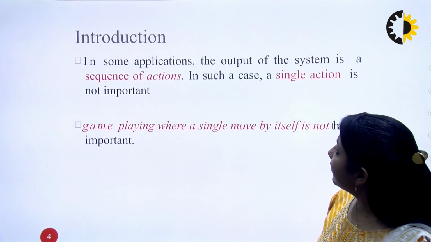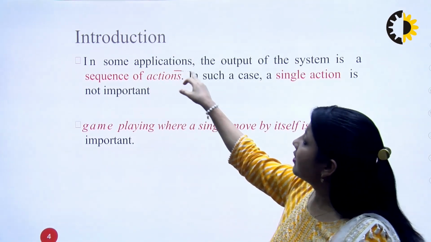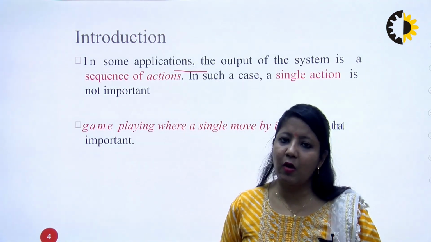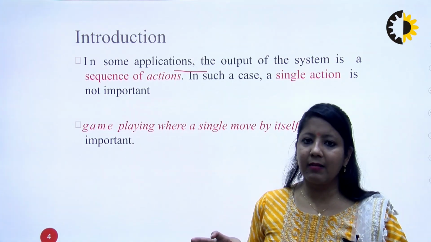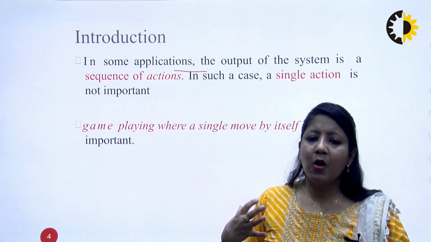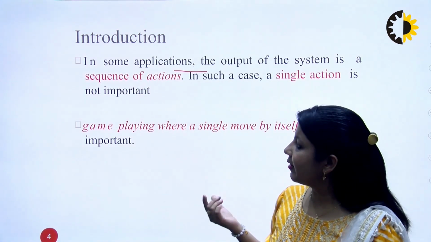Firstly, I already told what is reinforcement learning, in which we have some applications and the output of the system is a sequence of actions. So this learning is used when we play any game, we have to perform the steps or actions, then we reach a level.